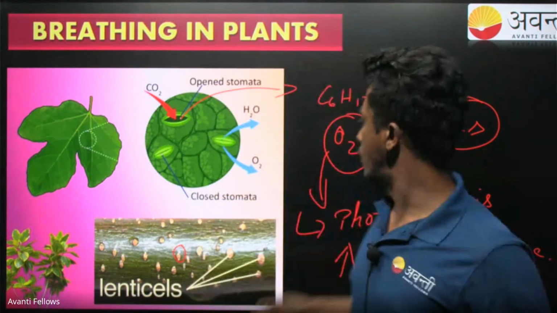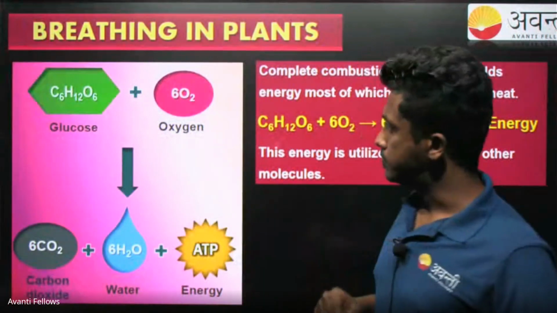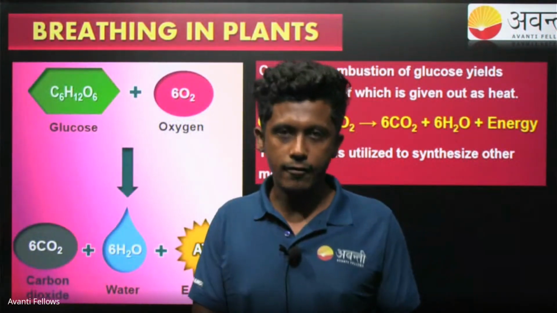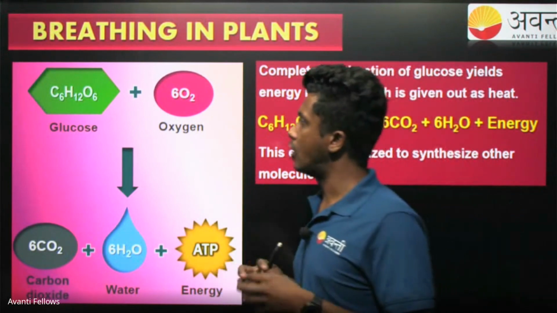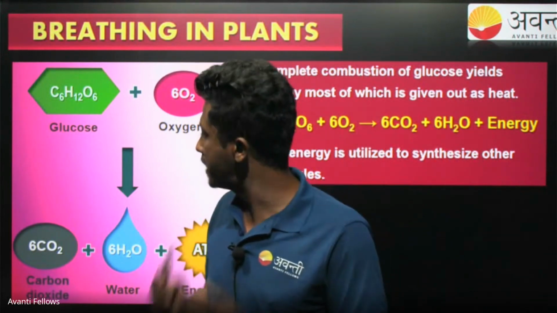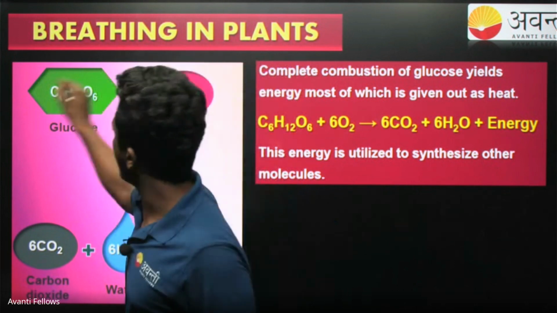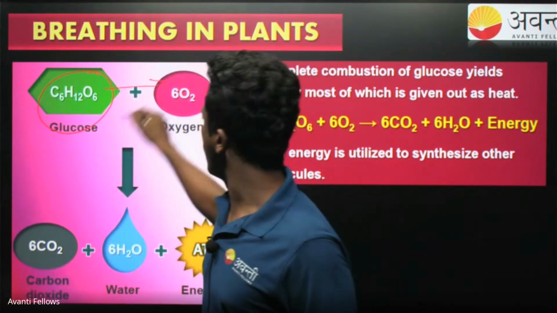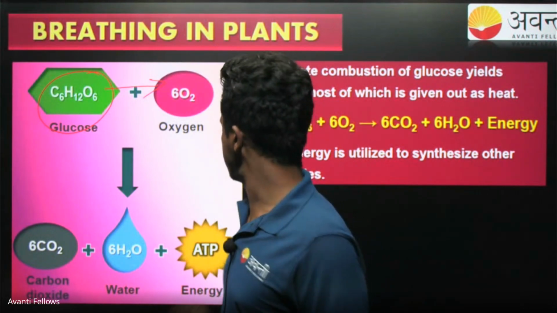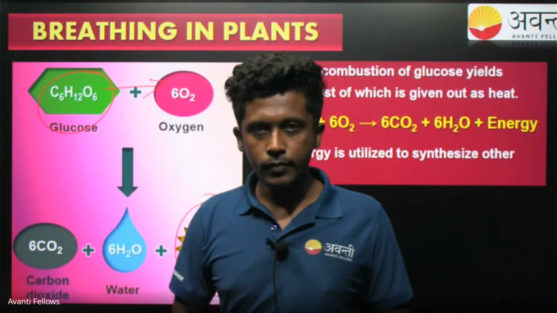So next, coming to what happens after we breathe, the whole idea of respiration is that we take a complex molecule such as glucose, and with the help of oxygen we produce energy.